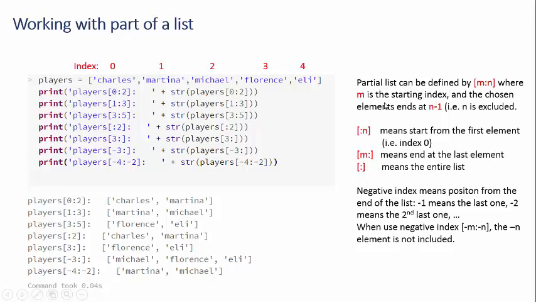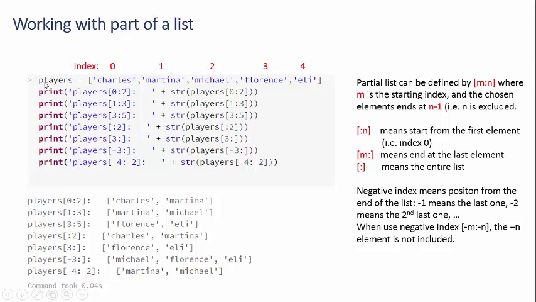So the m is the starting index, and the elements actually chosen from the list will have an index from m and stop at n minus 1. This is the same kind of rule as the range function. To help us better understand that, let's see a couple of examples.